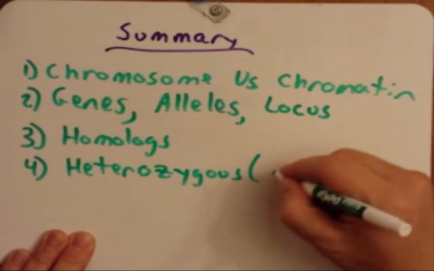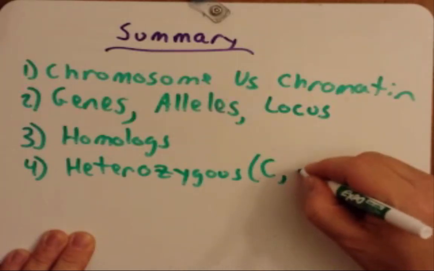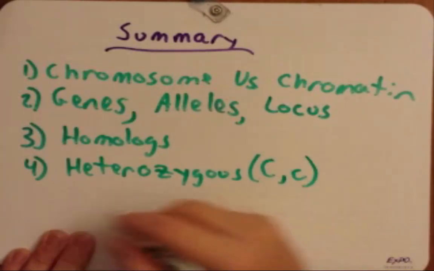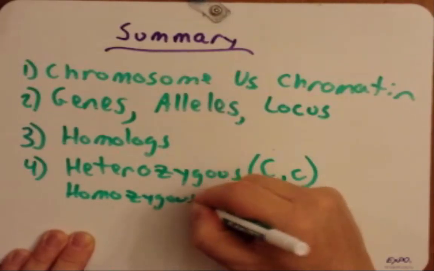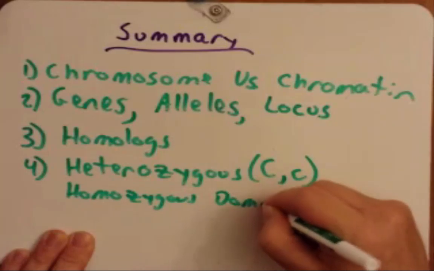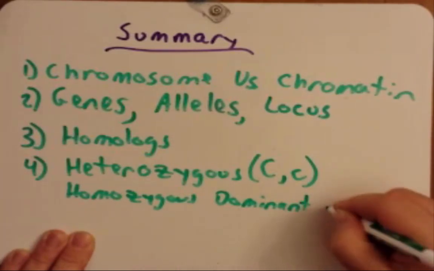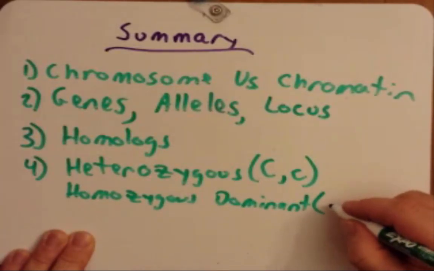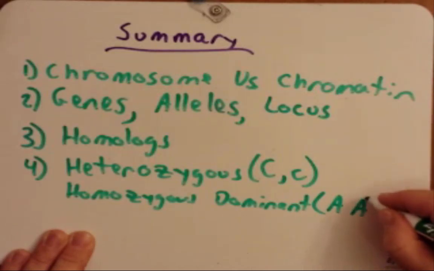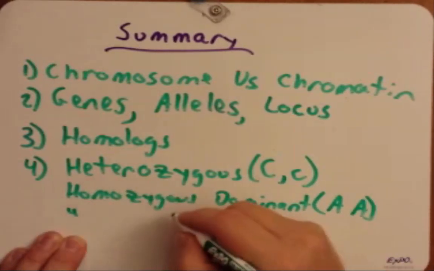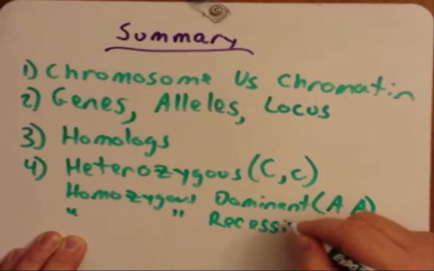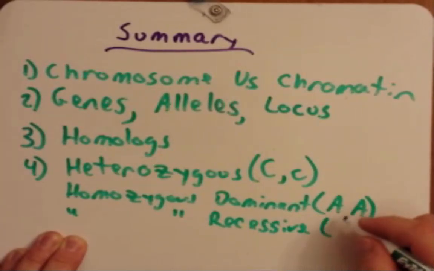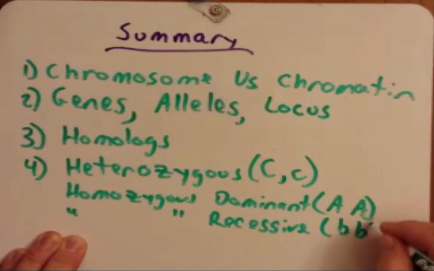I think the example we gave there is big C, little c, and how they could be homozygous dominant. We gave the example of big A, or they could be homozygous recessive. And the example we gave there was little b, little b.